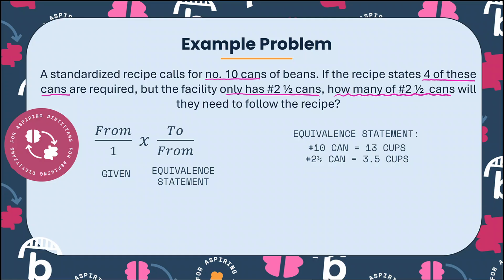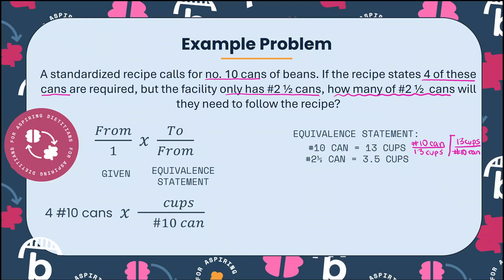So the number 10 can holds about 13 cups, and the number 2.5 can holds about 3.5 cups. These are equivalent statements, which means you can write them out as 2 fractions. In every number 10 can, you can get out 13 cups. And if you have a can providing 13 cups, well, that's a number 10 can. So in this problem, we're told the recipe requires 4 number 10 cans. Now we know that there's 13 cups in a number 10 can.